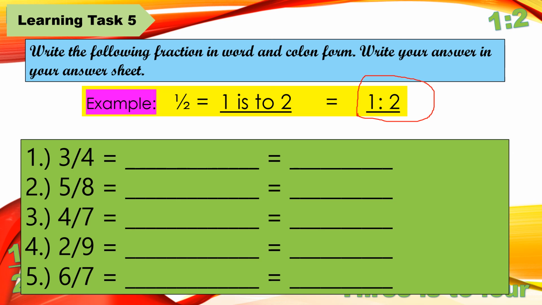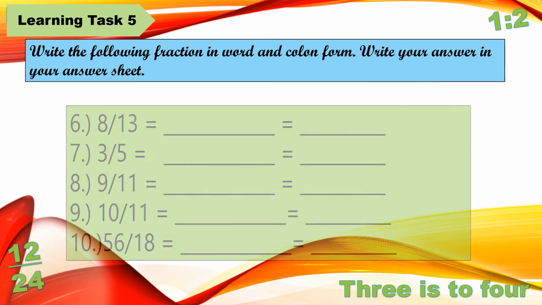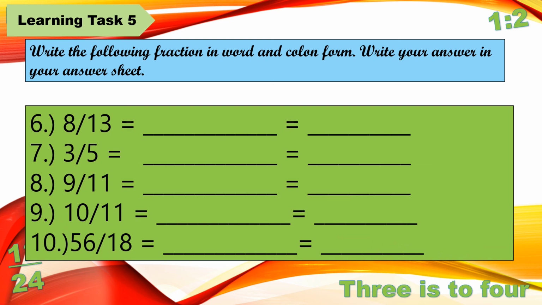Number 4, 2/9. Number 5, 6/7. Number 6, 8/13. Number 7, 3/5. Number 8, 9/11. Number 9, 10/11. Number 10, 56/18. Again, I will give you 10 minutes to answer learning task number 5.